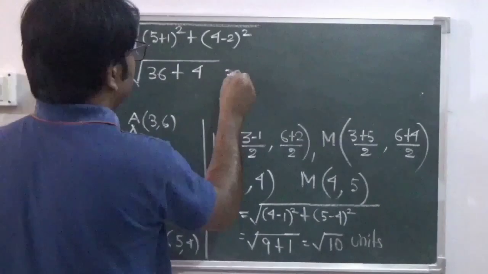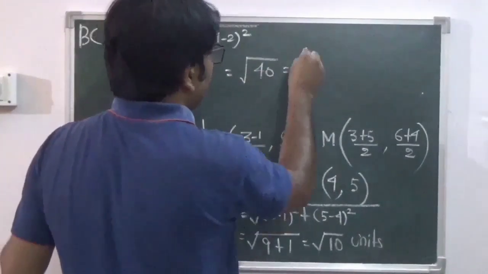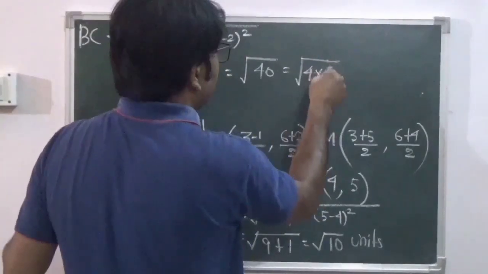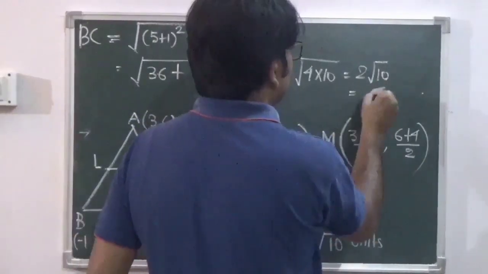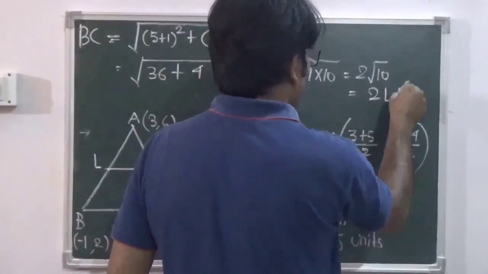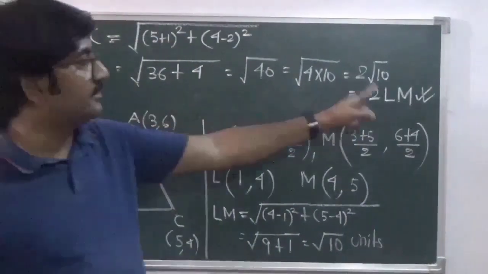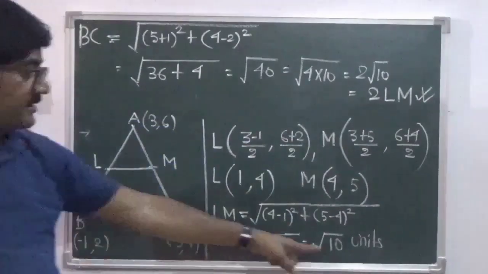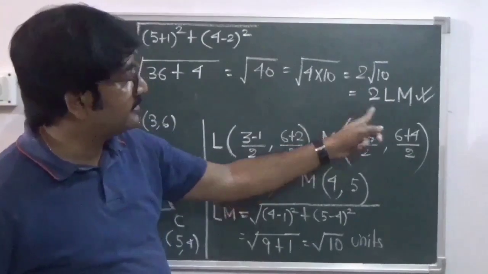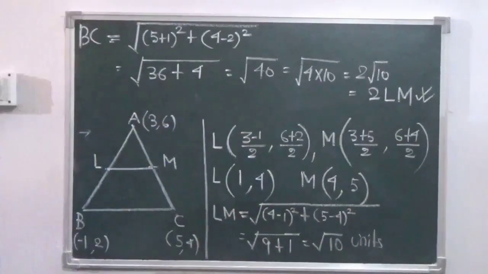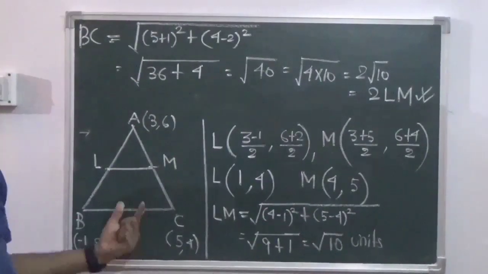So we have root over 40, that is root over 4 into 10, and that is 2 root over 10, and this is equal to 2 LM. So we got BC equal to twice of LM. LM is root over 10 units, and BC is 2 root 10 units, which is twice of LM. Hence we proved that the length LM is half of the length of BC.